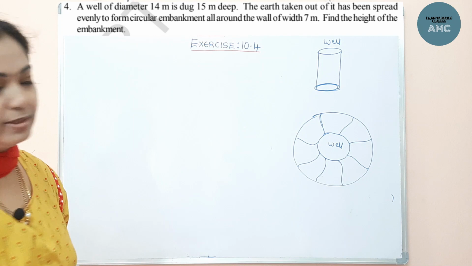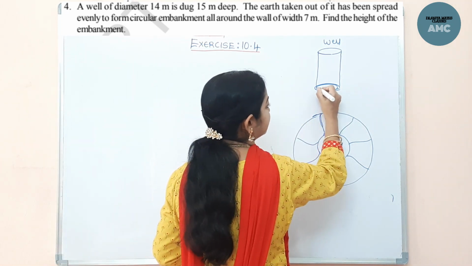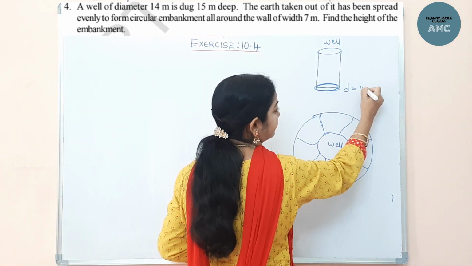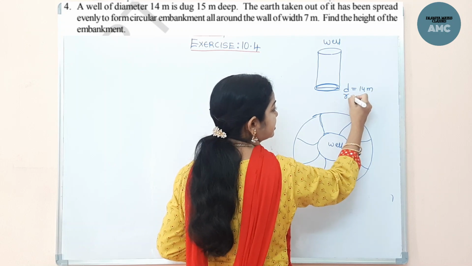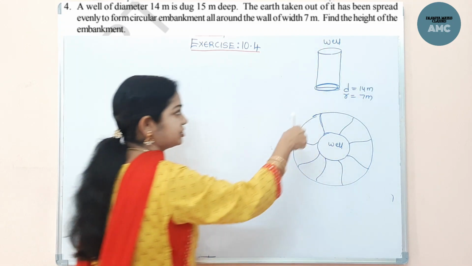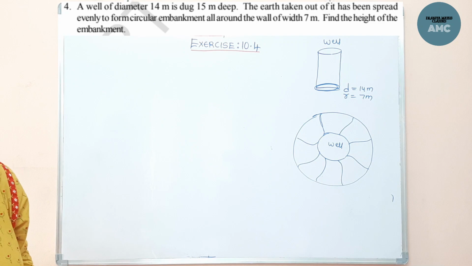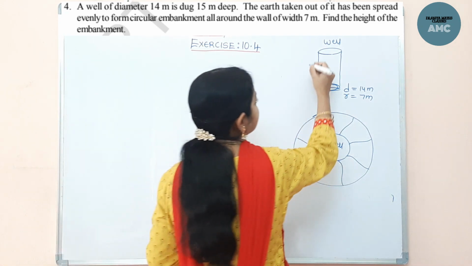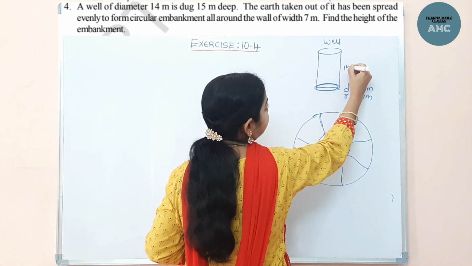Well of diameter 14 meters, so the radius is 7 meters, and how deep, the depth or the height is 15 meters, given.